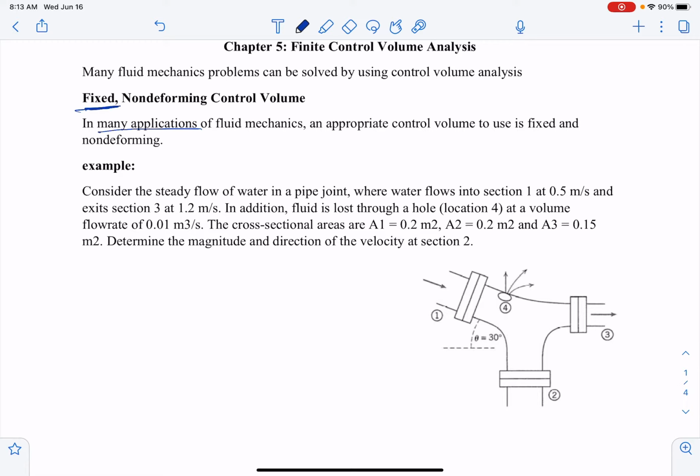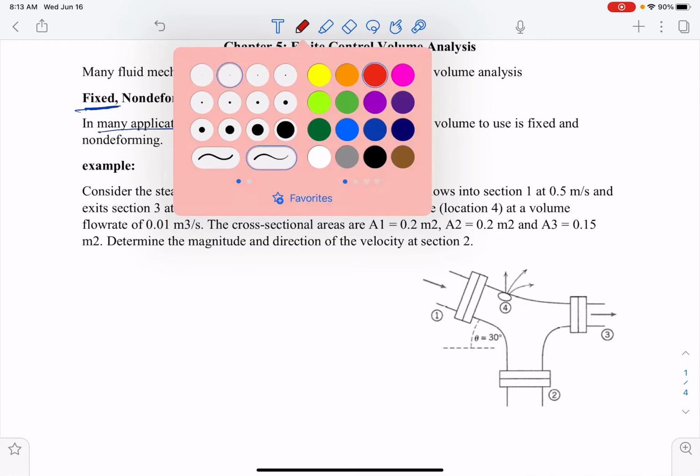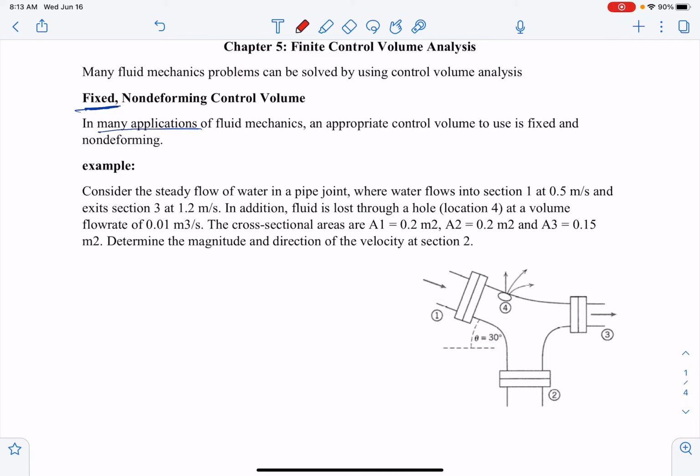We have a pipe joint where water flows in the pipe steadily. The information that we have is V1 right here, with a value of 0.5 meter per second.